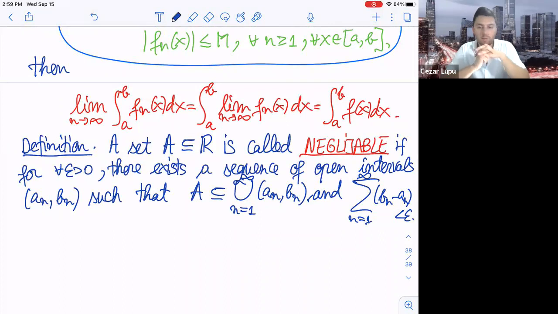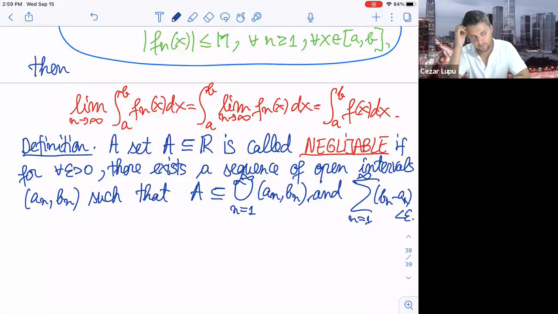As an exercise, if we talk about countable sets and so on, one can prove that a countable set is negligible, but not the other way around. For example, you can take the Cantor set and play around with it.